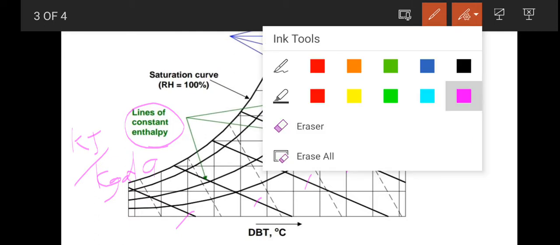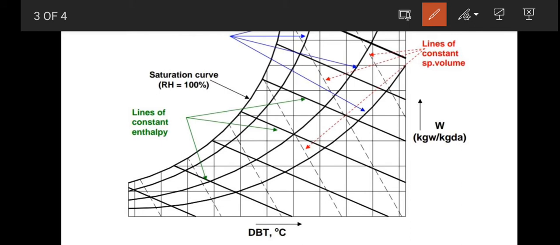Now then we have the curves. These dark line curves indicate relative humidity, that means phi, in percentage form.